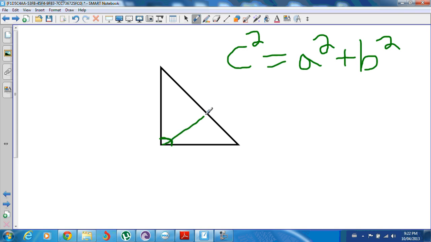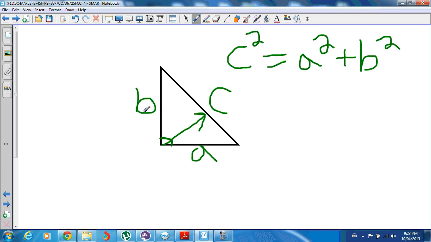Go straight across from it, and this will always be the C side. Which one is A and which one is B? It doesn't really matter, as long as you have A and B as these two sides and not this one.